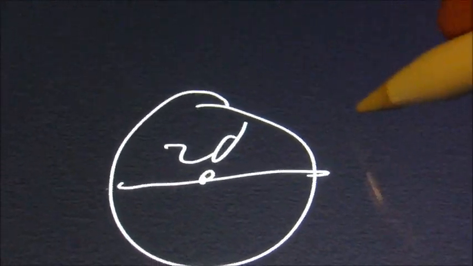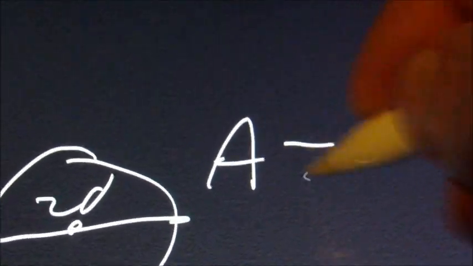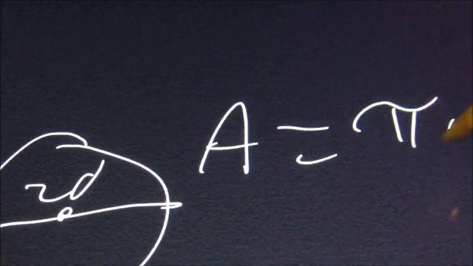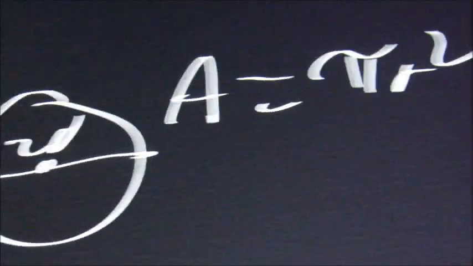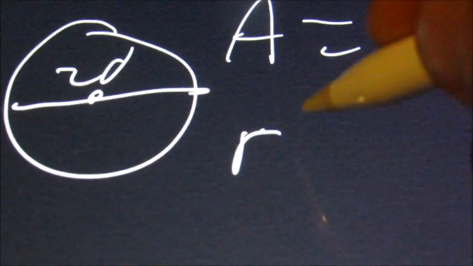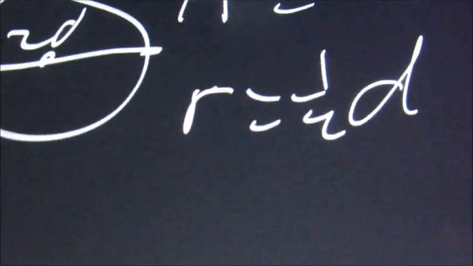So for some examples, let's say we have a circle where the diameter is 20, and we need to find the area. So again, we're going to use pi r squared, but since we're given the diameter, we need to remember that r equals 1/2 of d, so it's 1/2 of 20, which is 10.